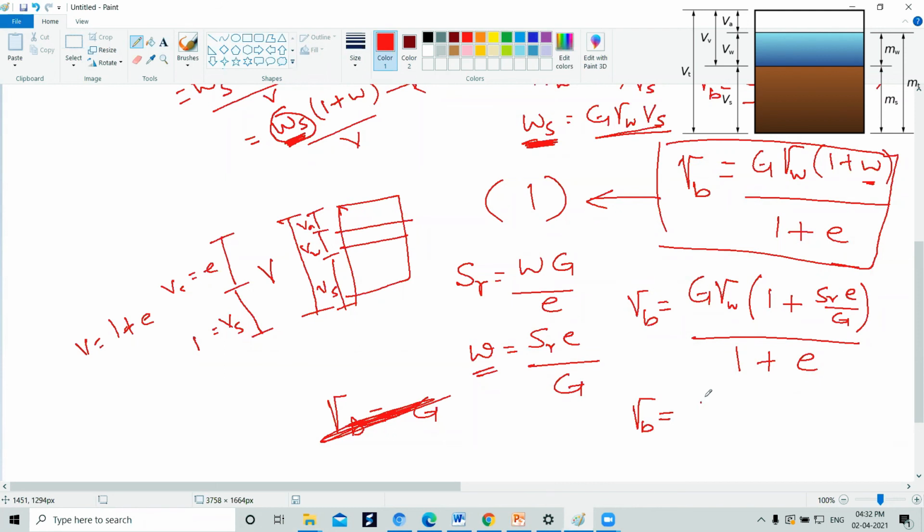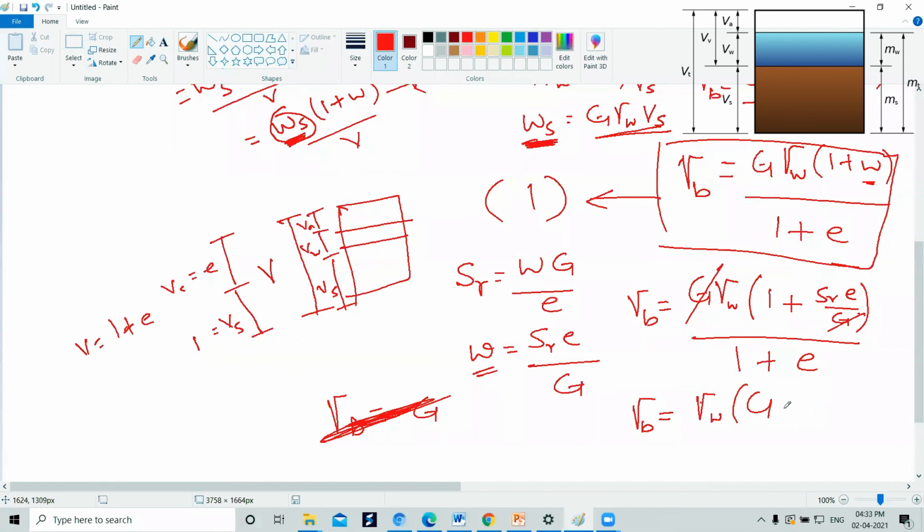Now I can say rho B, bulk unit weight is equal to, take it common. What will cancel? I can cancel this one and this one. So I can say it as rho W, G, 1 plus E. You can multiply it.